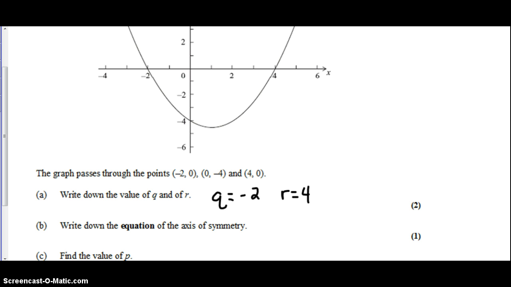The next part is asking us for the equation of the axis of symmetry, and it looks like it's cutting right through at 1. To verify that, we could use our two solutions they gave us to make sure that the equation is right, x equals 1.